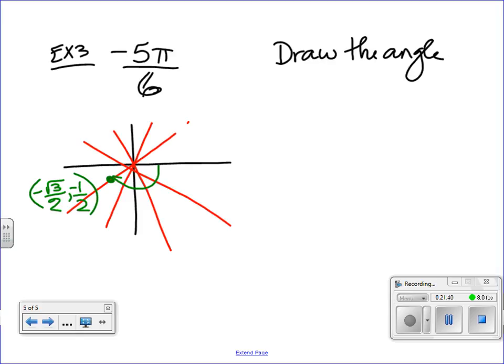Why don't you do it? You probably could because I picked a crappy number. Let's go with 13 pi over 12.